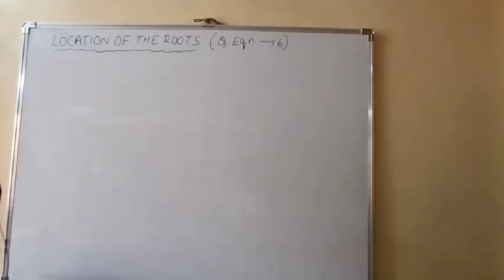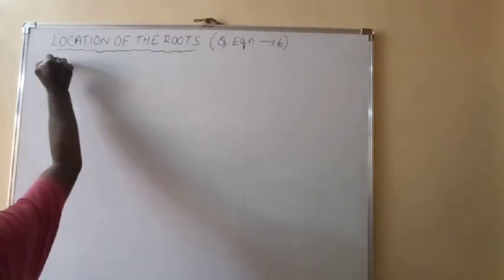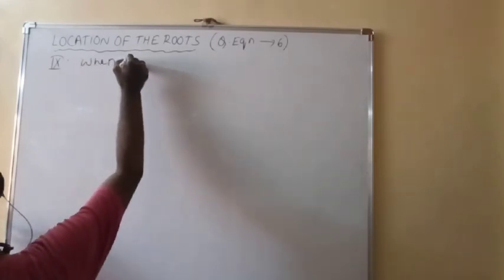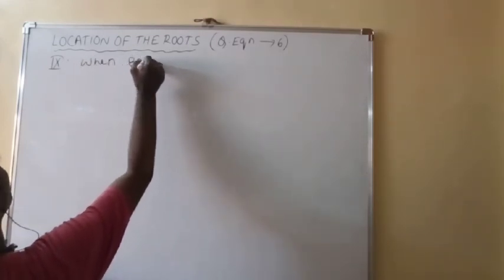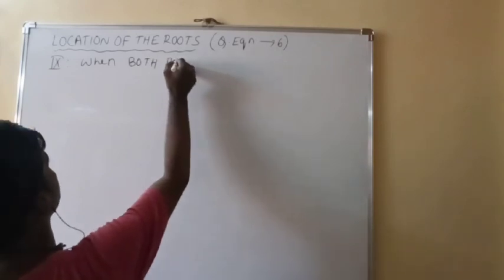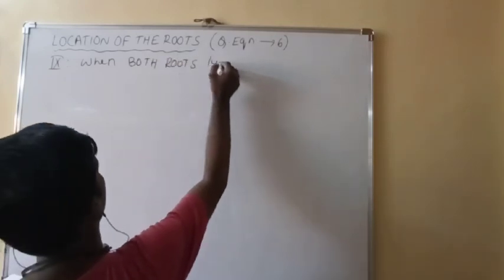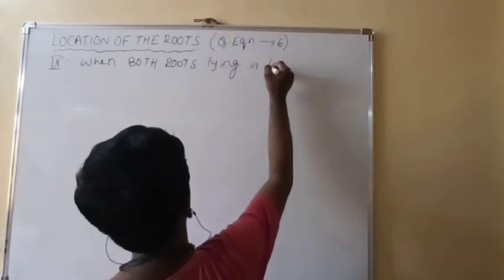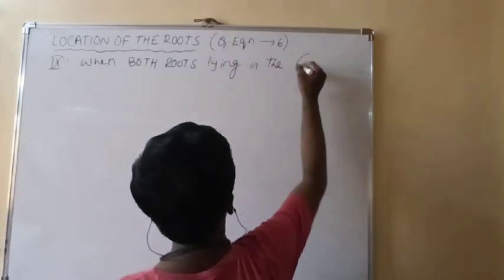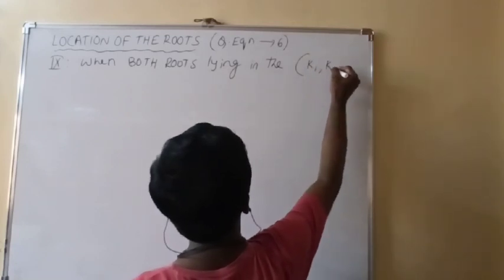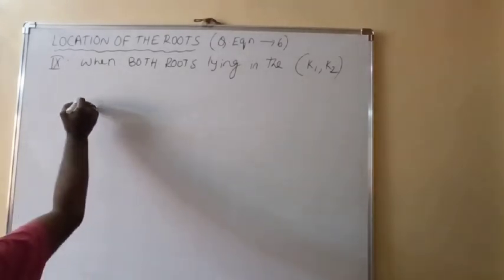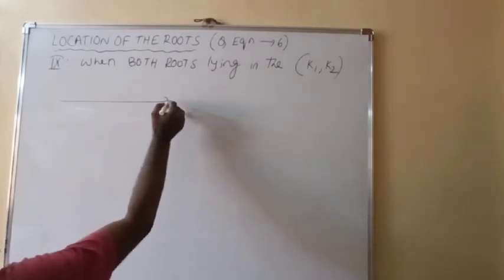So the ninth case is when both roots lie in the open interval k1 comma k2, when both roots lie between k1 and k2. So then what graphs will you get, the possible graphs?